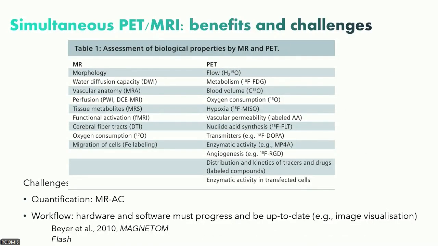If we are able to properly design an MR protocol according to our research question and what we really want to investigate in a specific pathology or in physiology, we would be able to study a lot of different complementary properties. And depending on the kind of tracer that we use, I'll give you an example: I could estimate metabolism with FDG, fluorodeoxyglucose. It's the most used tracer.